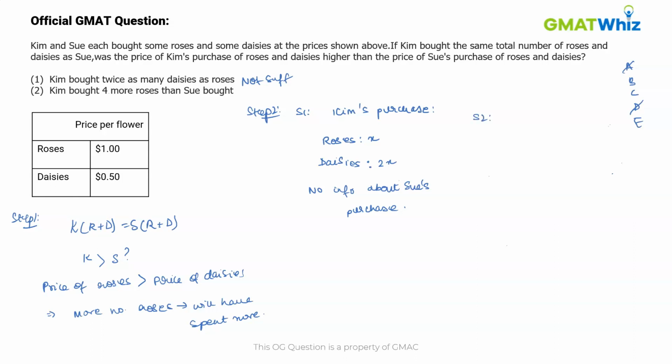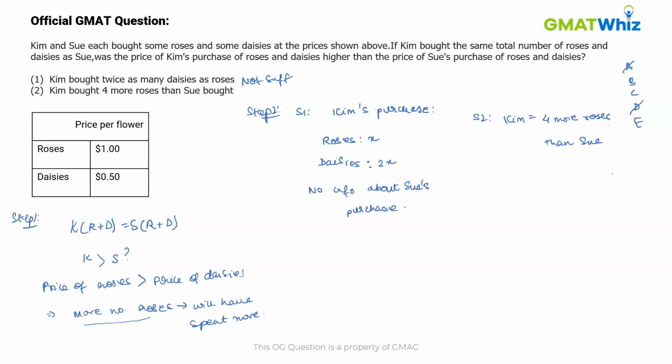In statement 2, we are given that Kim bought 4 more roses than Sue. Now, in the pre-analysis that we did in step 1, we saw that we had to check who bought more roses. Since the price of roses is greater, Kim or Sue must have spent more, depending on who bought more roses.